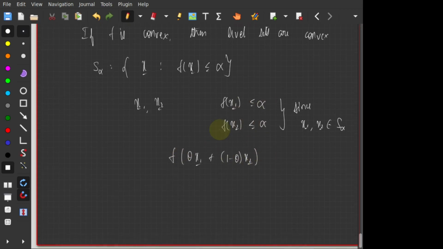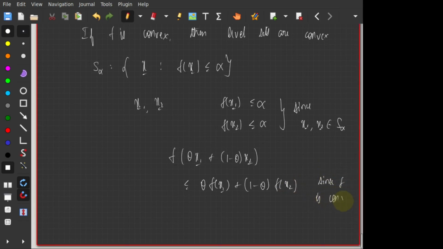We want to show that this is also less than or equal to alpha. But you know that f is convex. So what can you say about this? This is less than or equal to theta f of x1 plus 1 minus theta f of x2, since f is convex.